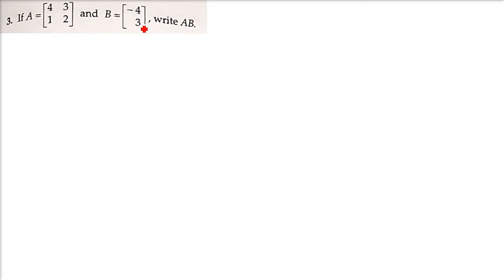A is this, B is this, write AB. So you just have to multiply it. Just check the row and column. This is 2 cross 3, this is 2 cross 1, sorry, and this is possible. So 4, 3, 1, 2 multiplied by minus 4, 3.